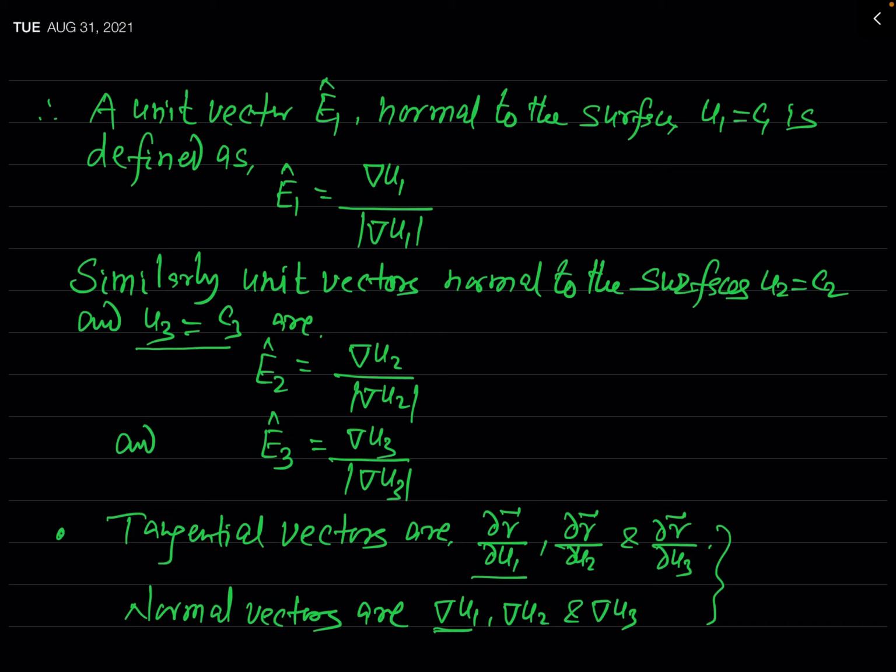Similarly, the product of del r by del u2 and del u2 will be 1, and the scalar product of del r by del u3 and del u3 will also be equal to 1. But when you take the scalar product of two dissimilar tangential and normal vectors, the result will simply be 0. So we say that these two sets of vectors form a reciprocal system.